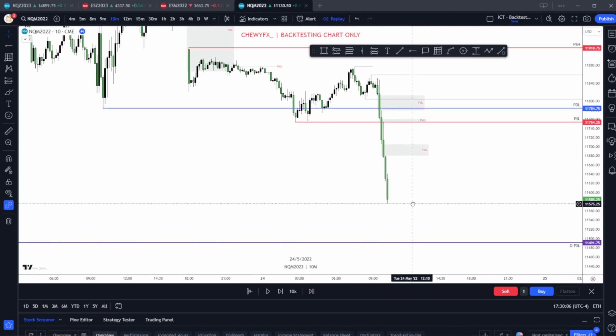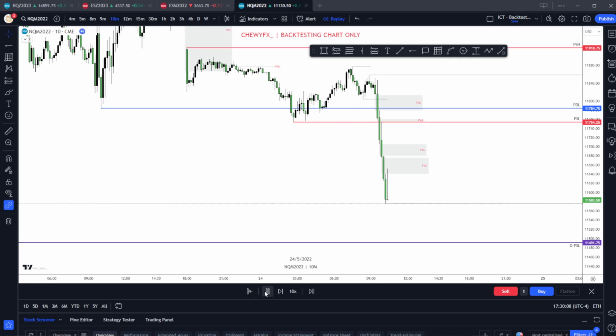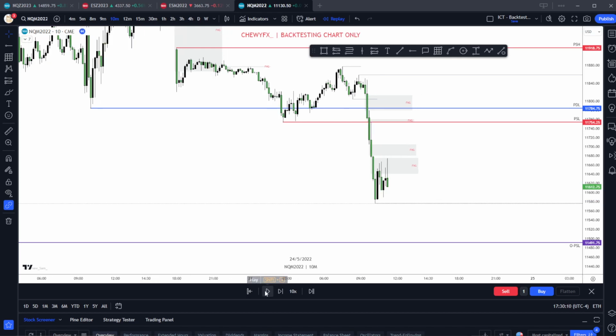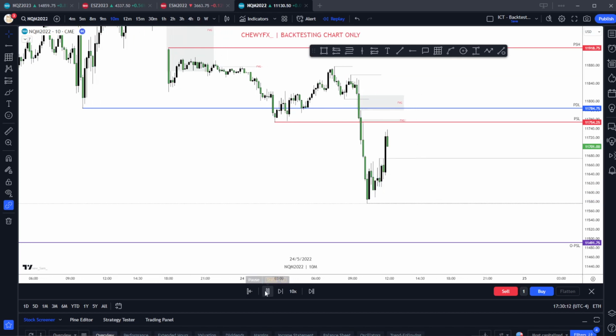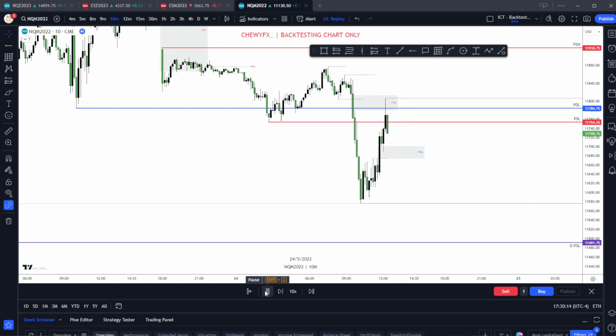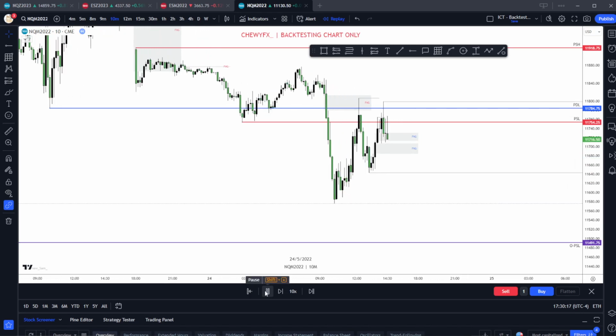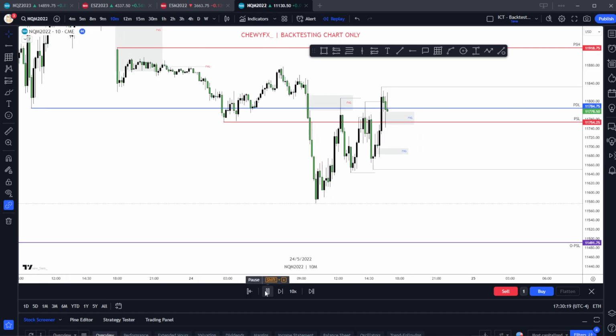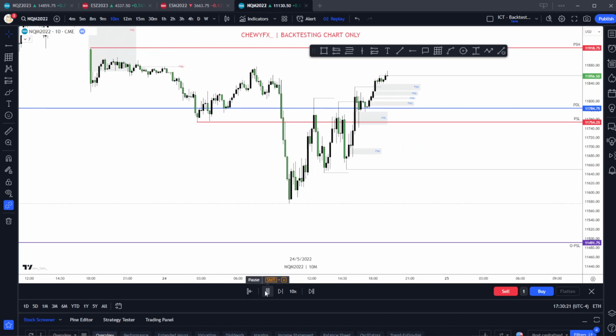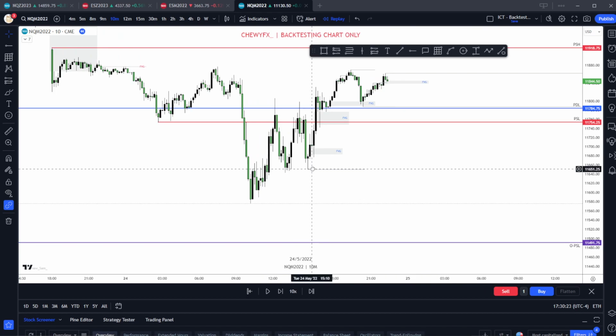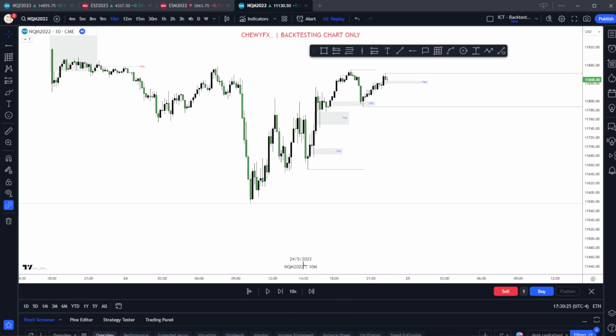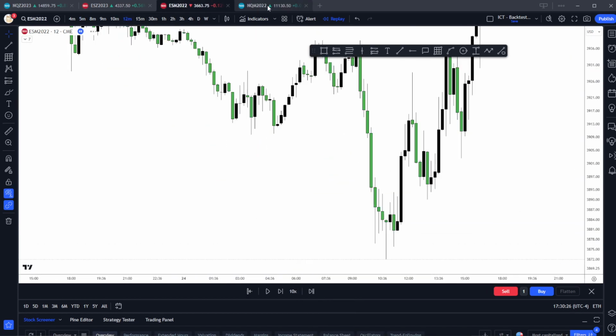So at this point, it's probably likely we're going to sweep this session low before we even consider anything. Okay, the market really just did a whole lot of nothing. So, okay, no entries for NASDAQ on Tuesday.